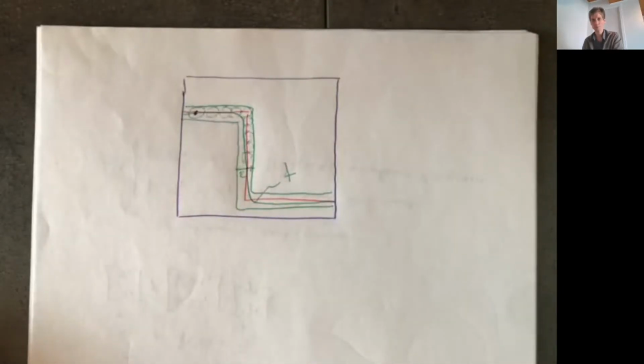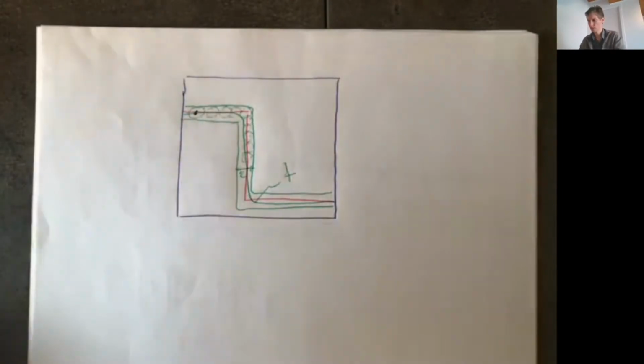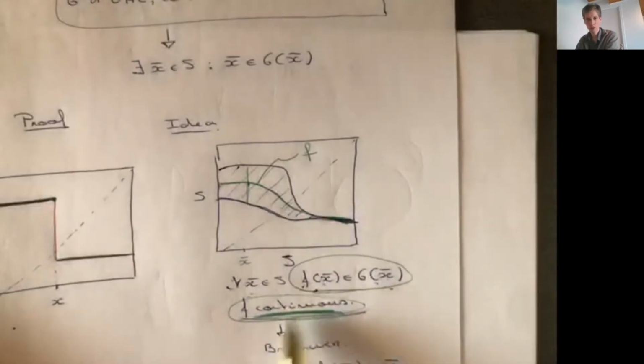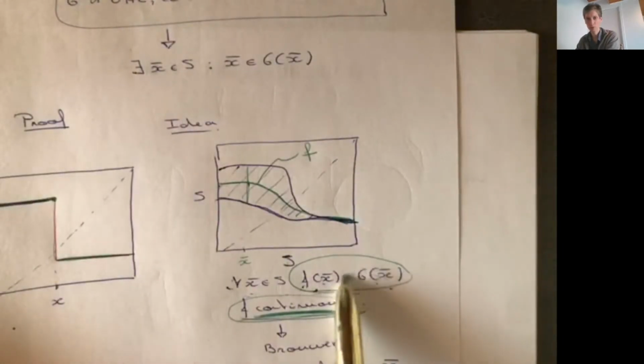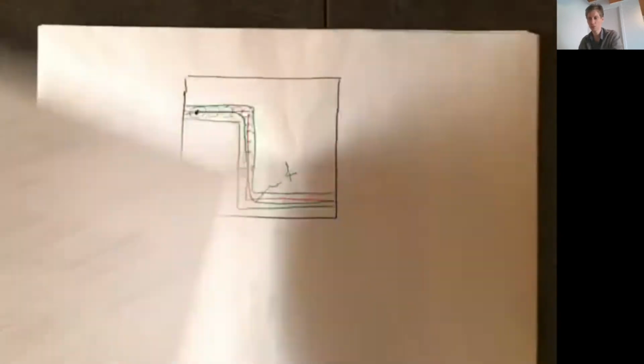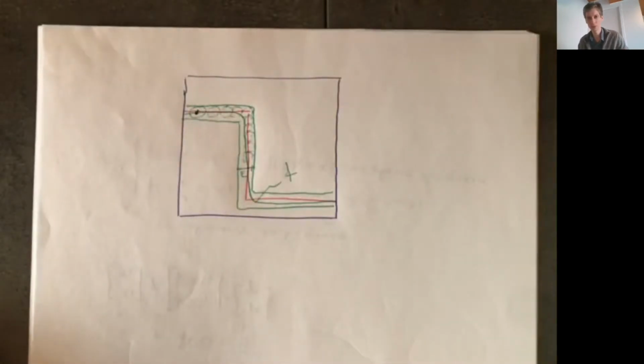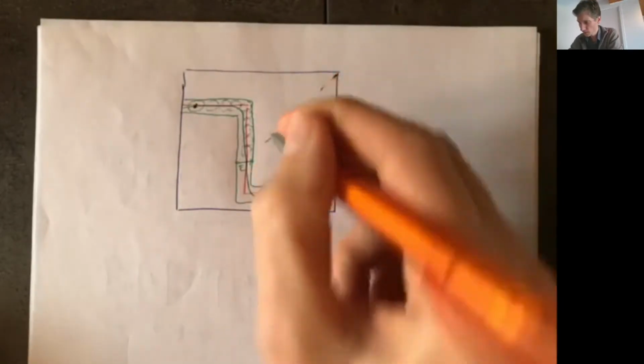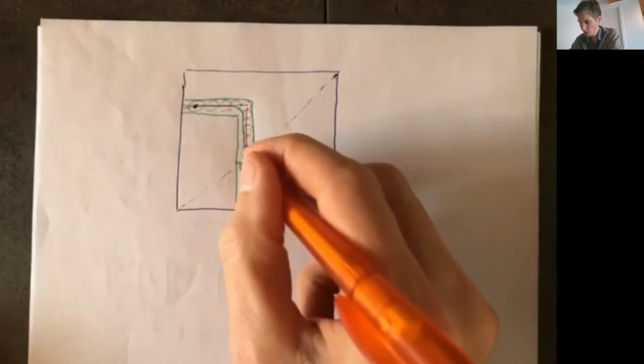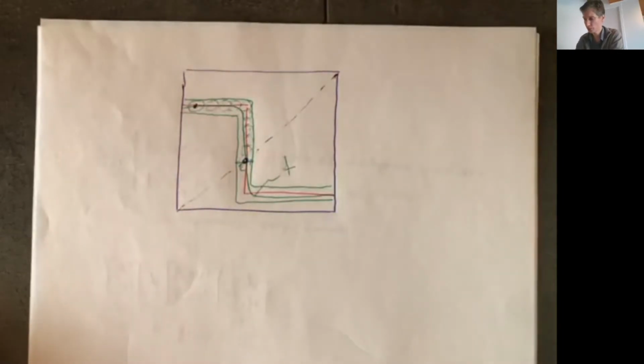Now I have a continuous function in this new inflated correspondence. It's not the original G, but it's the inflated G. But anyway, I can still draw a continuous function, and it has a fixed point.